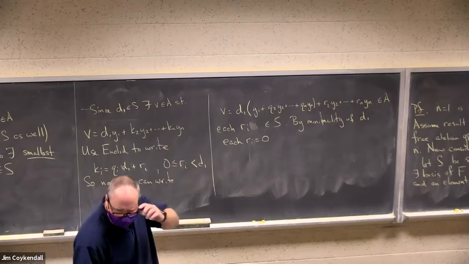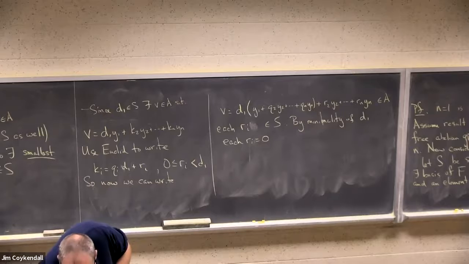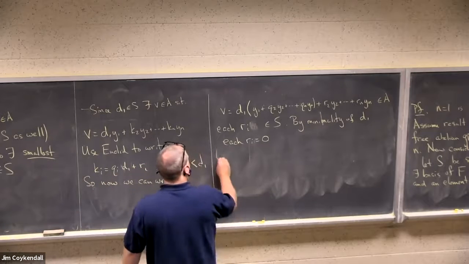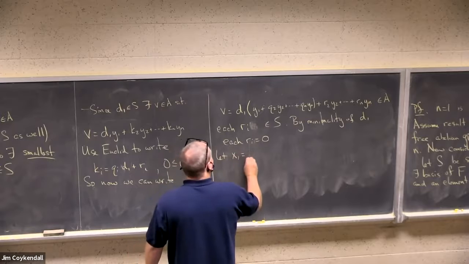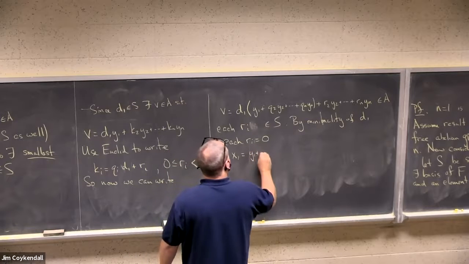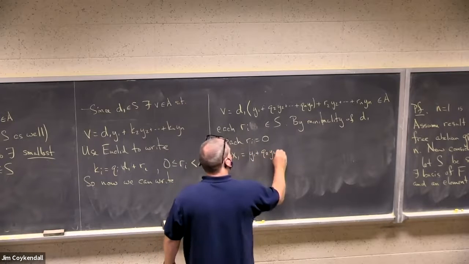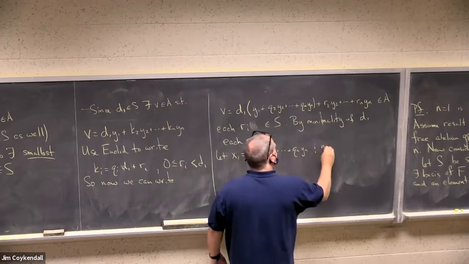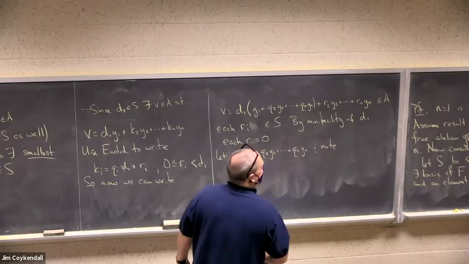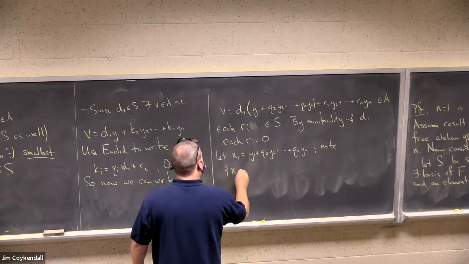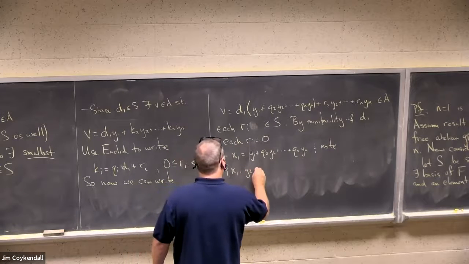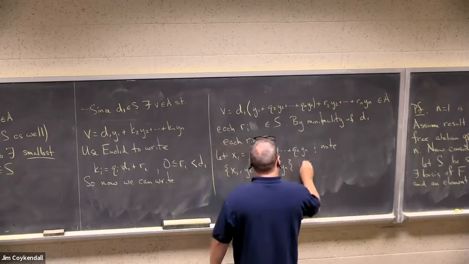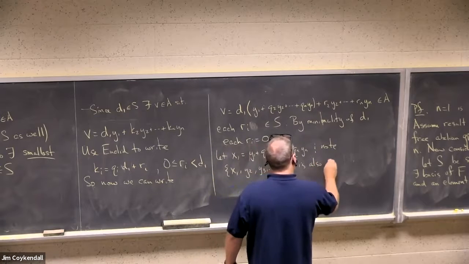And so what I'm going to do is let X1 equal Y1 plus q2 Y2 plus through qn Yn, and note that X1, Y2, Y3, through Yn was also a basis.